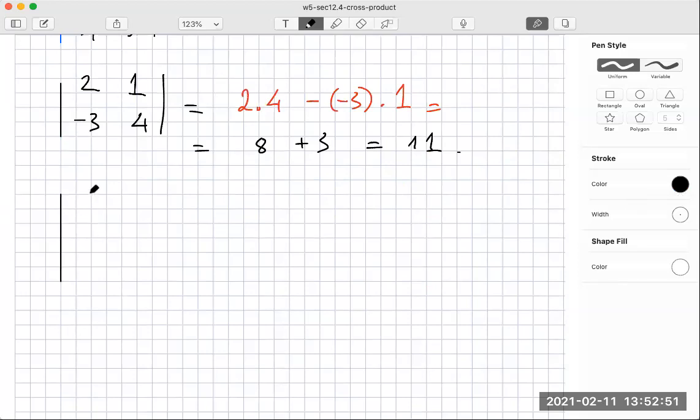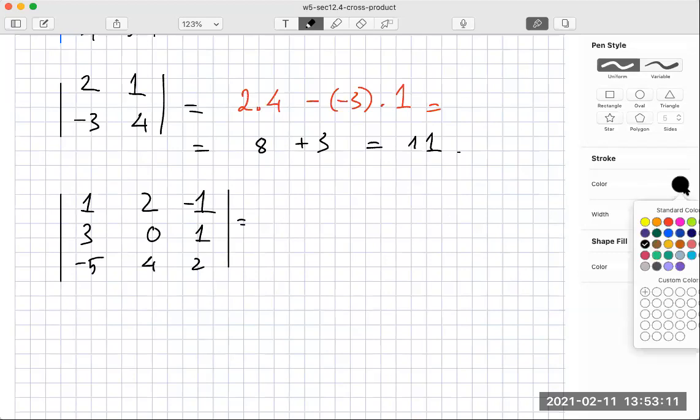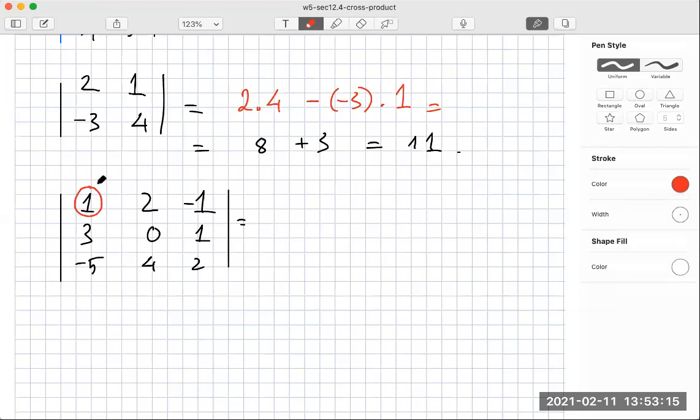For example, if we are computing the determinant of 1, 2, -1, 3, 0, 1, -5, 4, 2. Okay? According to the previous rule, let us expand this determinant by looking at the first number here, right? 1.